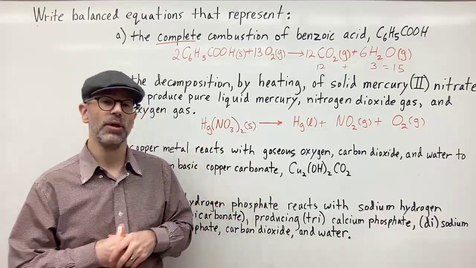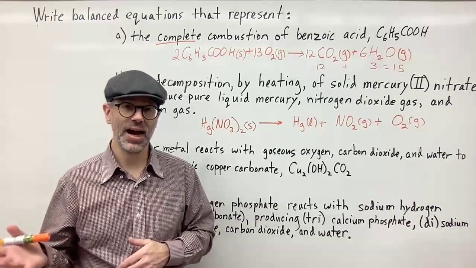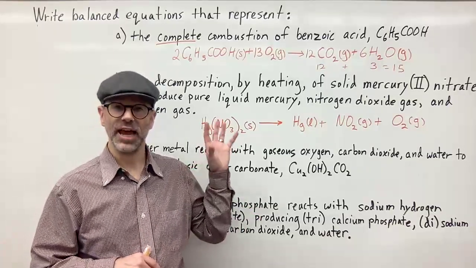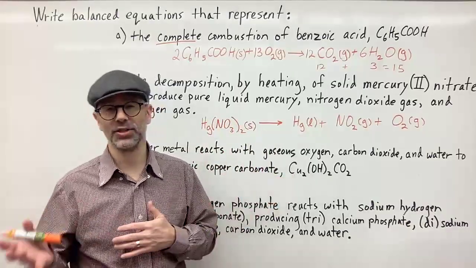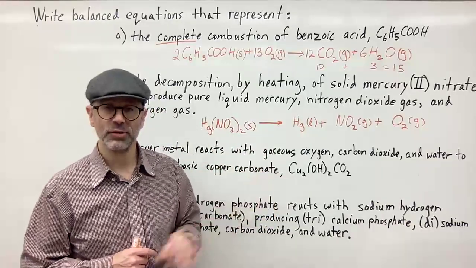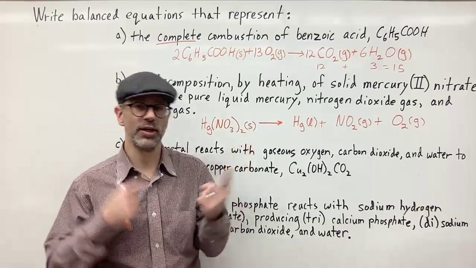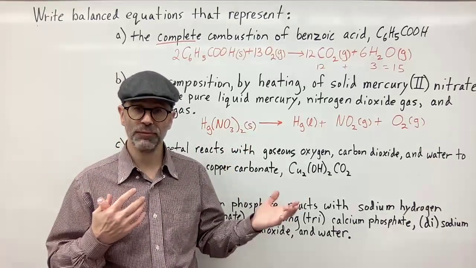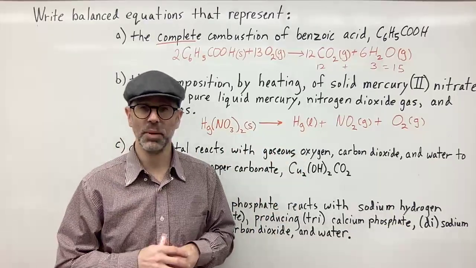For example, if I have hydrogen by itself and not oxygen, then I would save hydrogen for last. If I had nitrogen by itself and not oxygen, then I would save nitrogen for last. What if you have two elements that are by themselves, like a metal and a nonmetal? Well, metals come first, so you would balance the metal first and then leave that nonmetal for last.